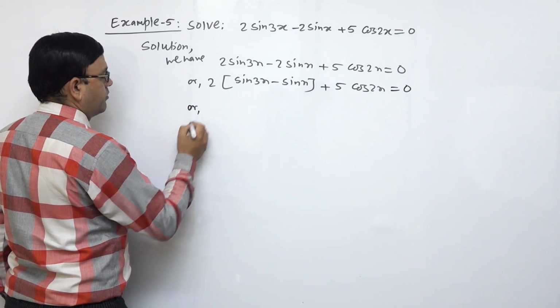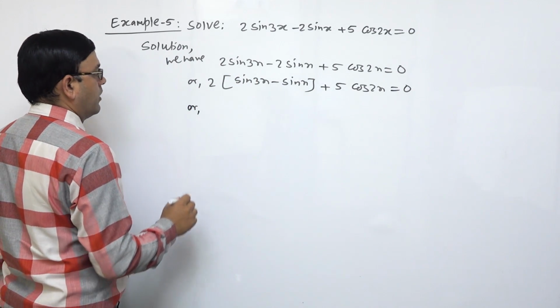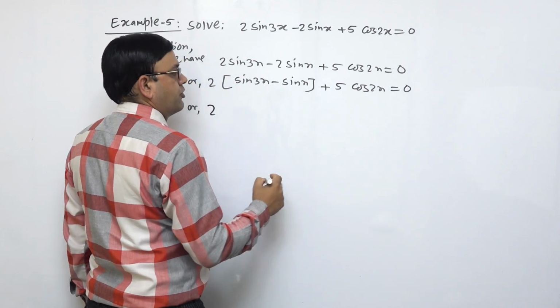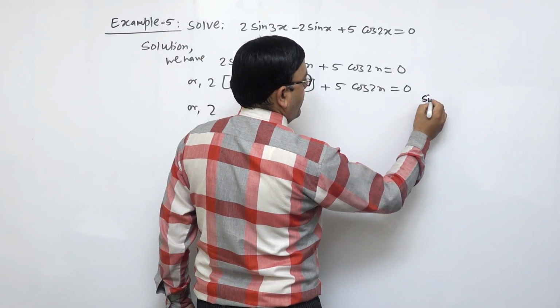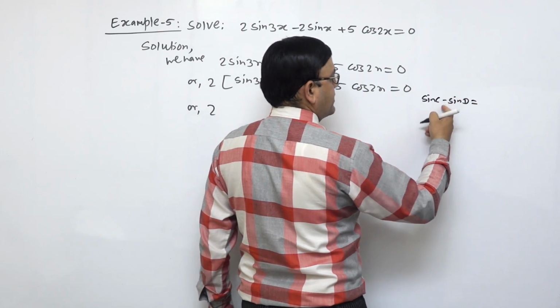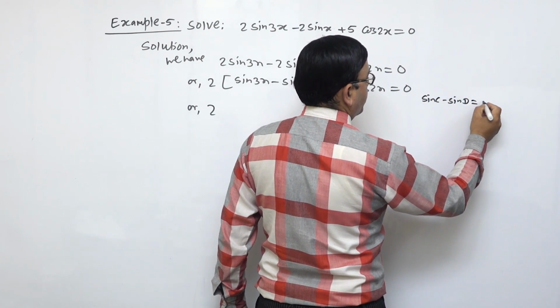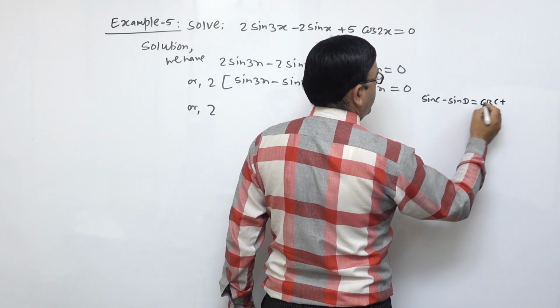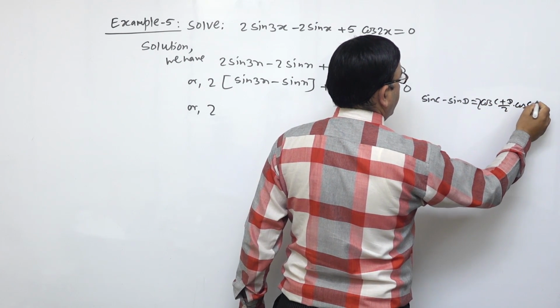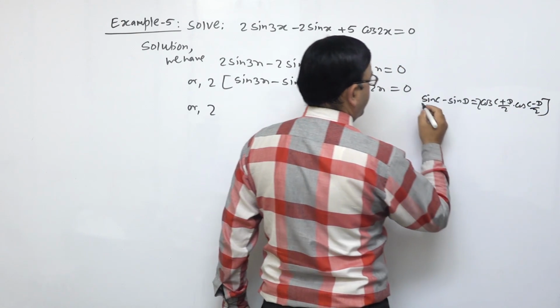What is the formula of sin c minus sin d? Students, you know sin c minus sin d is 2 cos c plus d by 2 times sin c minus d by 2. We have this formula.